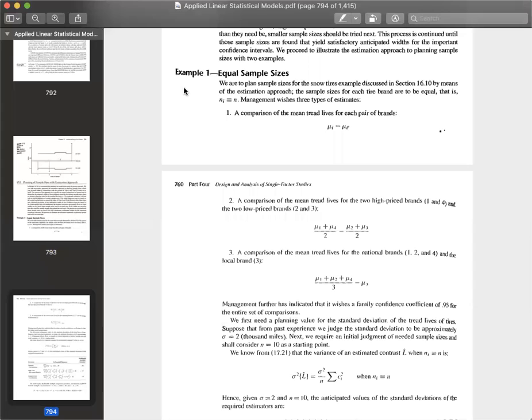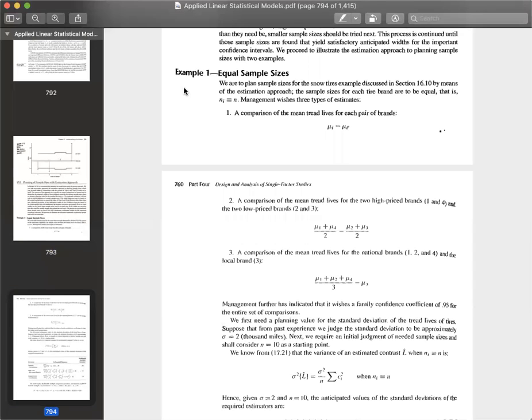A comparison of the mean tread lives for the two high-priced brands, where we use (mu1 plus mu4) over 2 minus (mu2 plus mu3) over 2, and a comparison of the mean tread lives from the national brands and the local brand, where the national brands are 1, 2, and 4, so we have (mu1 plus mu2 plus mu4) over 3 minus the local brand mu3. The other example does the unequal sample sizes, where we have to take a different approach.